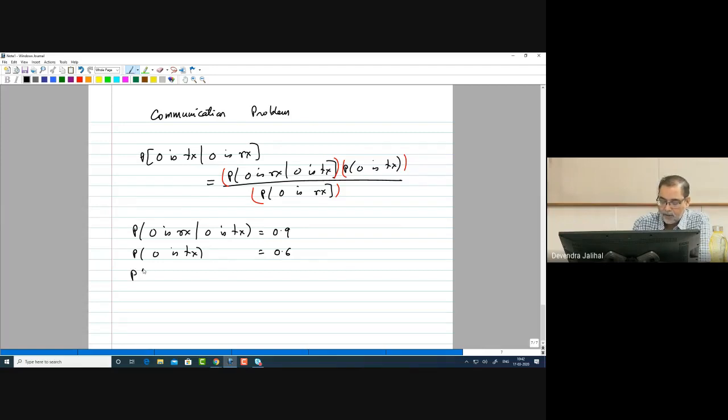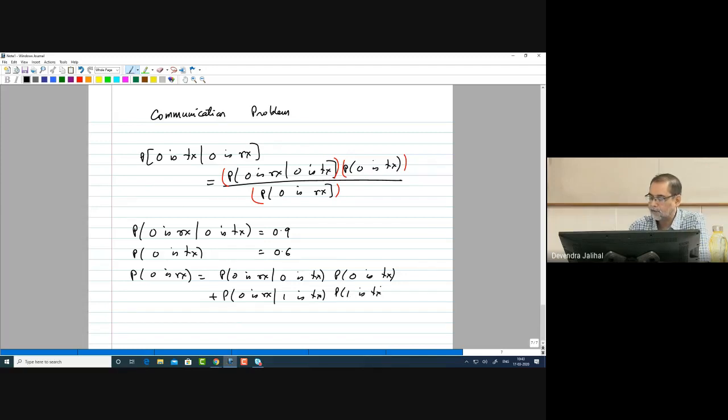Now the question is probability that 0 is received, right? This we answered before: probability that 0 is received given that 0 is transmitted into probability that 0 is transmitted, plus probability that 0 is received given that 1 is transmitted into probability that 1 is transmitted, right?